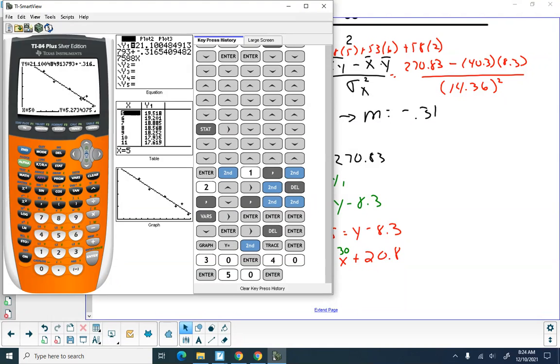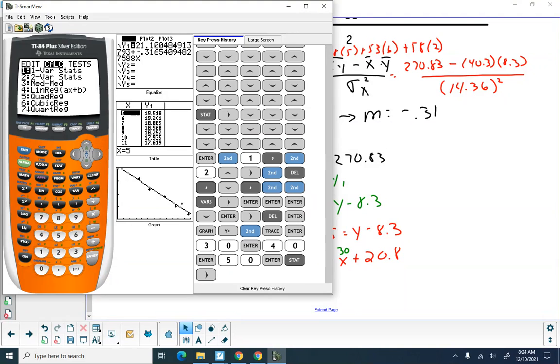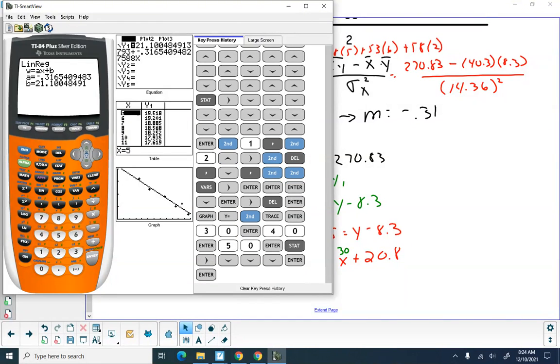But some of you, when you did this linear regression, may have been given an R value. You may see an R value at the bottom of that when you find your regression line, your equation. That's a correlation coefficient.